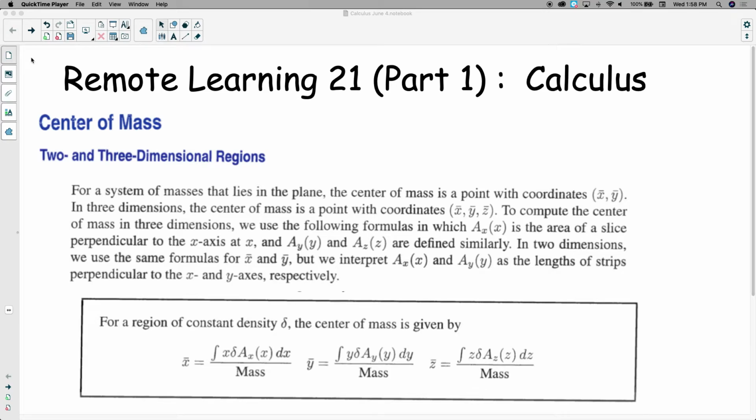All right, folks, welcome to Remote Learning 21, Part 1, and I'm going to continue on with some more advanced problems involving centers of mass. Okay, so we did this one-dimensional rod of no weight scenario, and essentially that was a point mass argument.